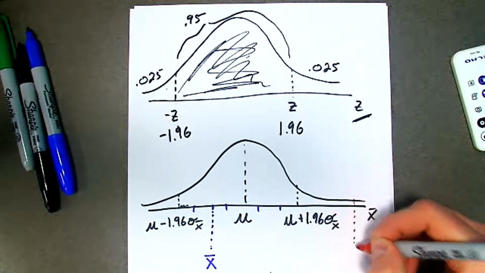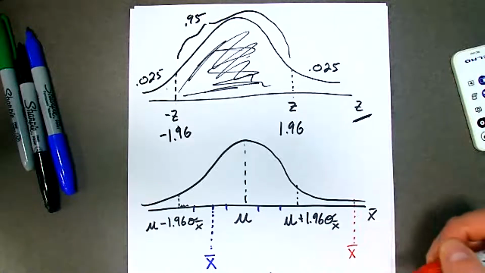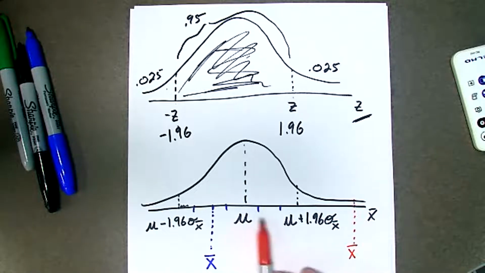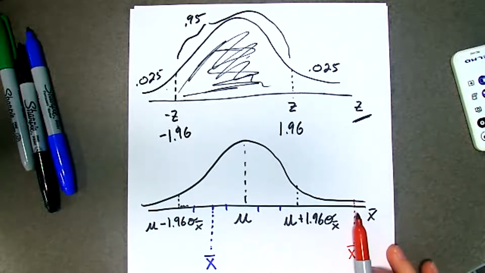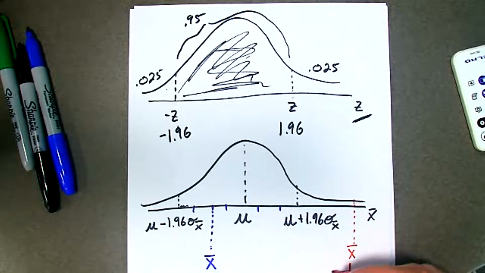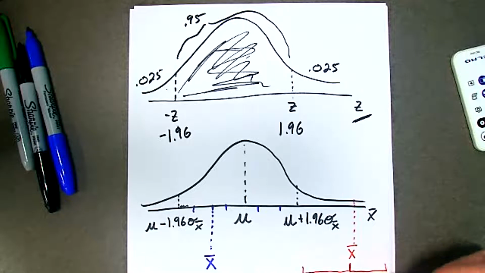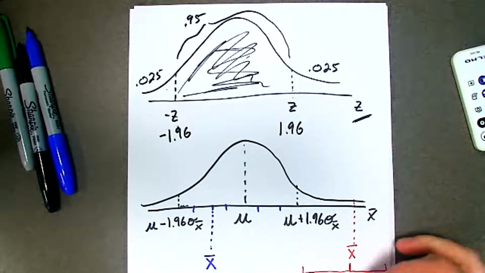Okay? Now, if I see something way out here as a sample mean value, and if this was the point where I was 1.96 standard deviations above, this is going to be like 2.5 or 3 standard deviations above. So now when I build my confidence interval, and I go 1.96 standard deviations below, we could build the upper bound as well.